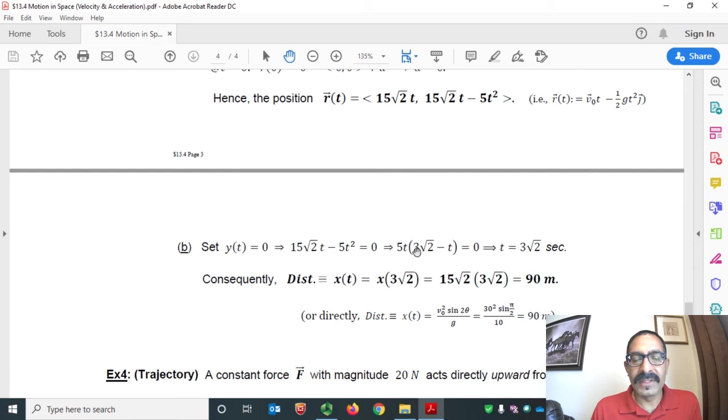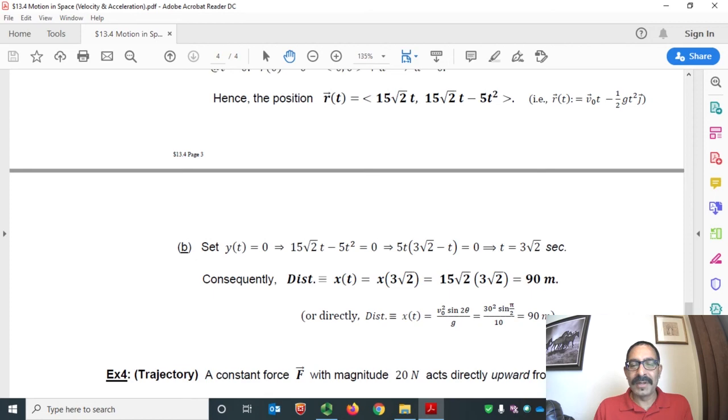So then 5t times 3 radical 2 minus t equals 0. Since t is not 0, the inside equals 0, meaning t equals 3 radical 2 seconds. Then put t equals this value back into the x component. Hence the distance equals 15 radical 2 times 3 radical 2, which turns out to be 90 meters. I hope this makes sense to you all.